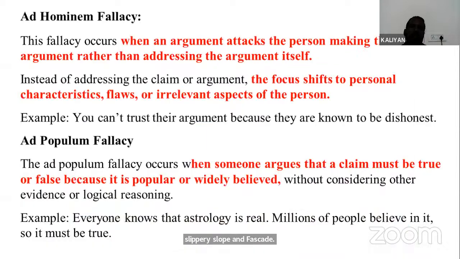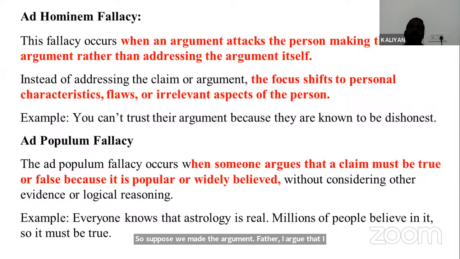The ad hominem fallacy occurs when the argument attacks the person making the argument rather than addressing the argument. Suppose I made an argument.